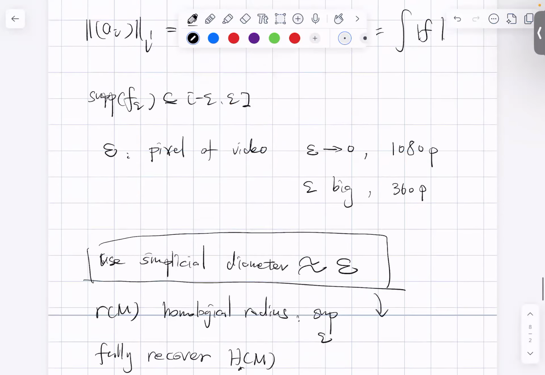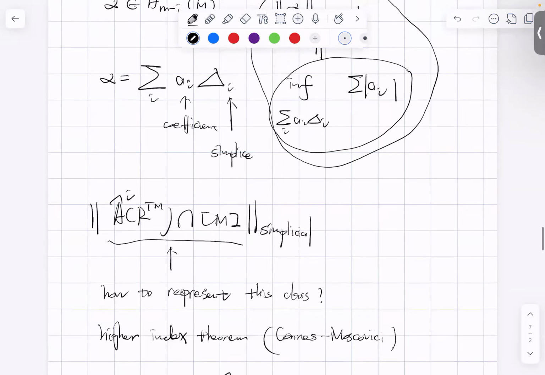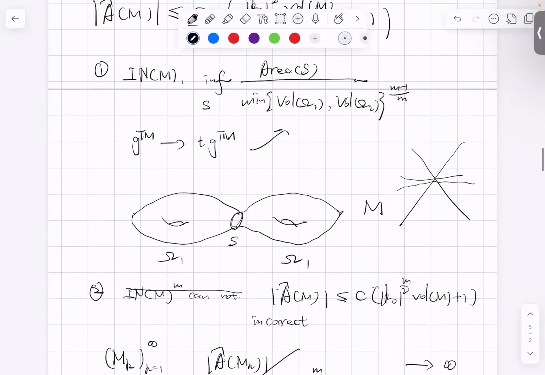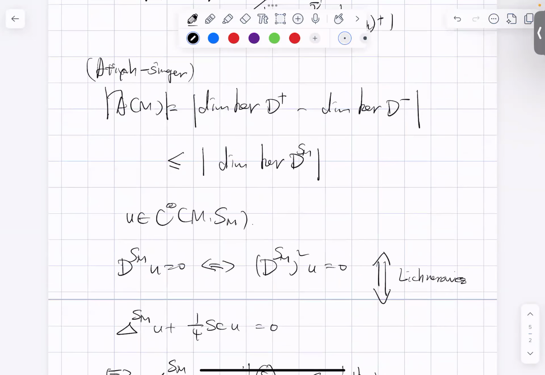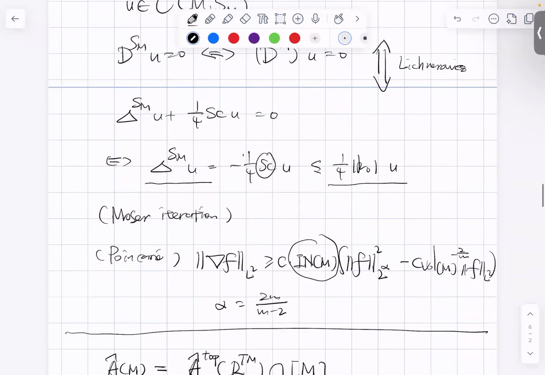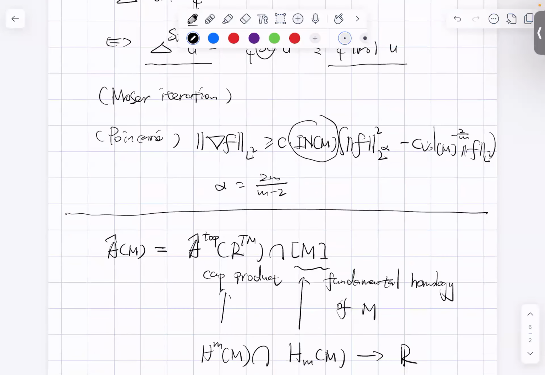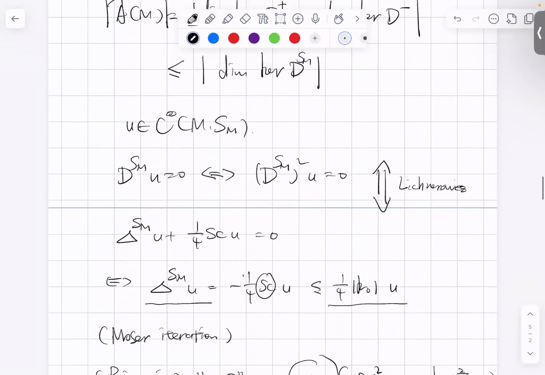For example, there's an example of this strategy in Petersen's book, which is to control the first Betti number or the kernel of the Hodge Laplacian. In that case, the first Betti number, or the dimension of the kernel of the Hodge Laplacian, is bounded by n times something coming from the Moser iteration, and there's no +1.